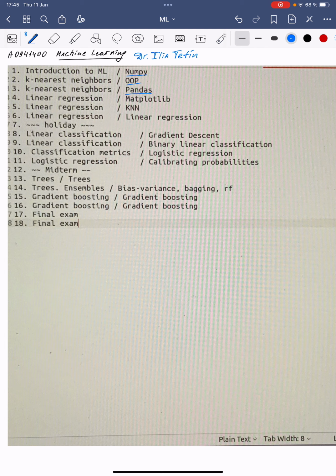So there will be homework on NumPy, homework for pandas, homework for exploratory data analysis, EDA, for KNN, maybe we'll give KNN and linear regression altogether as one KNN and linear regression homework, about gradient descent, and trees, of course, and gradient boosting.